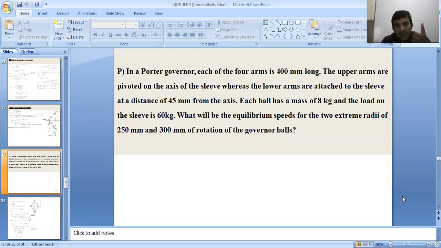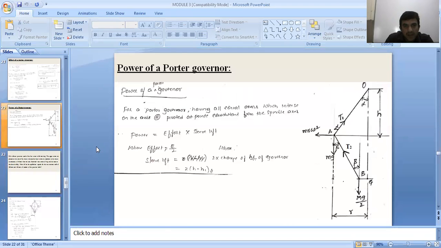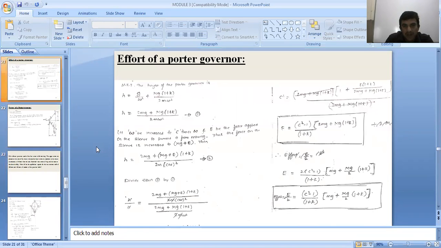It is a Porter governor. In a Porter governor, each of the 4 arms is 400 mm long. So whenever the type of governor is given, first you draw the sketch for the governor also.